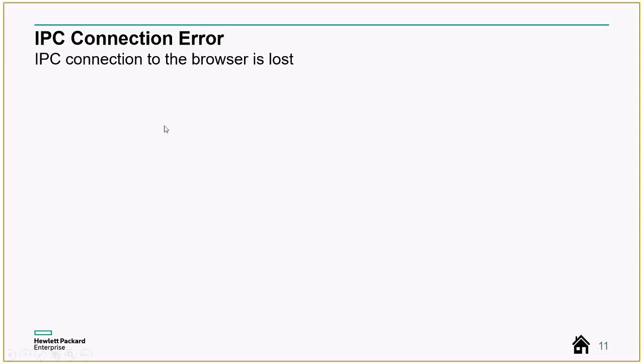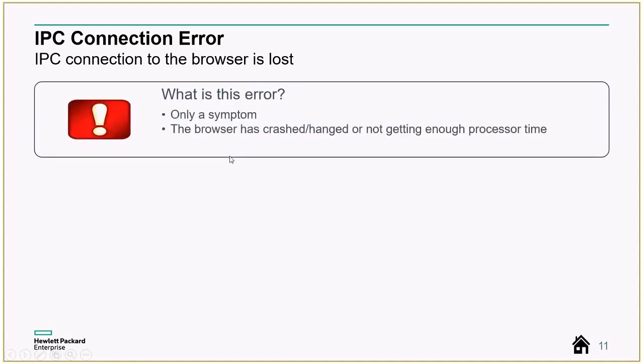So going to the IPC error. What happens if you get "IPC connection to the browser is lost"? So this error is only a symptom. It's not the root cause of the issue. Probably the root cause is that the browser crashed or hung, or maybe it's not getting enough processor time, and therefore the communication between MDRV and the browser is lost.